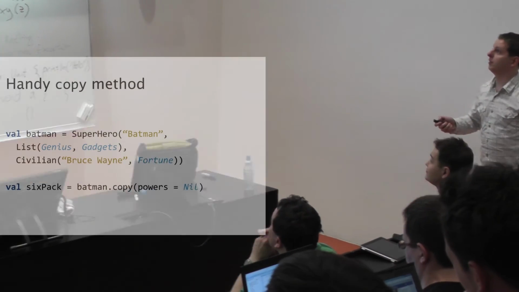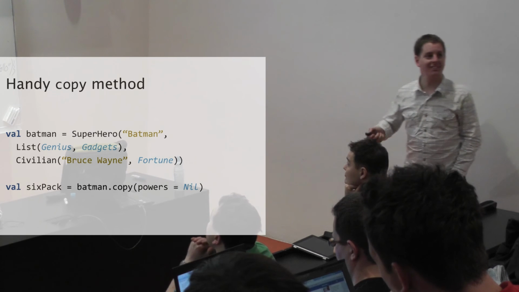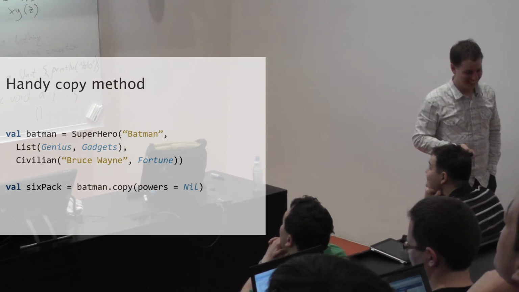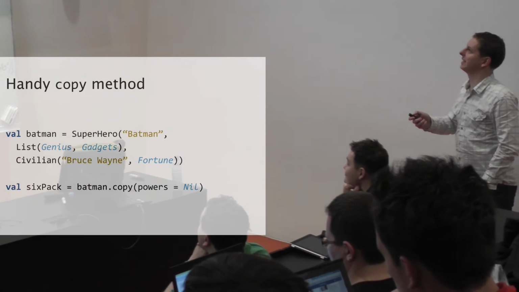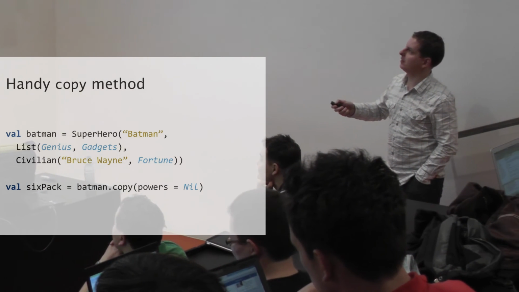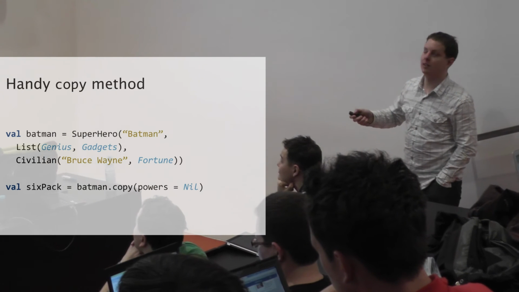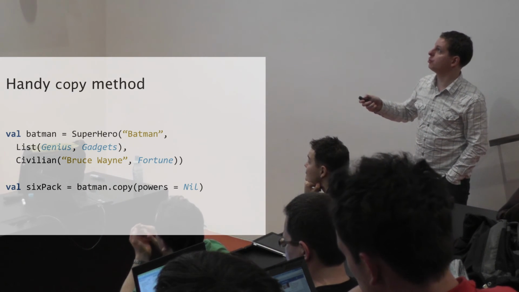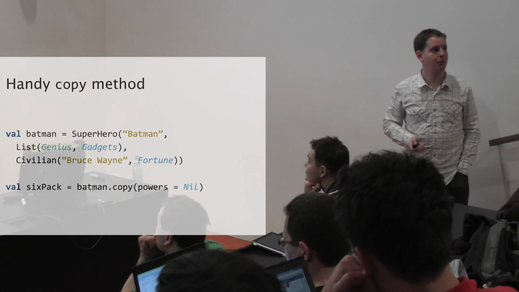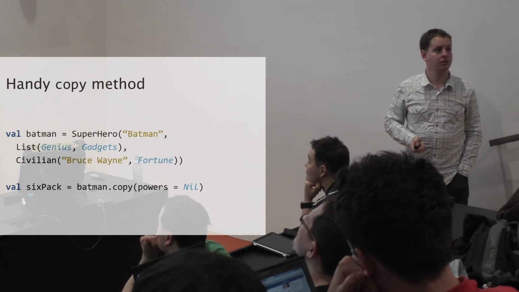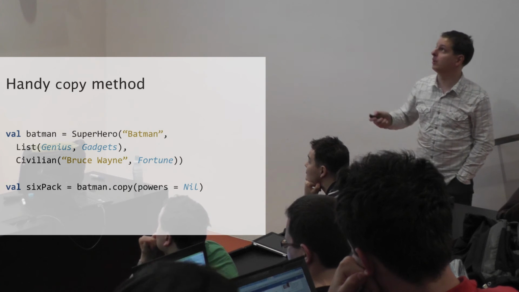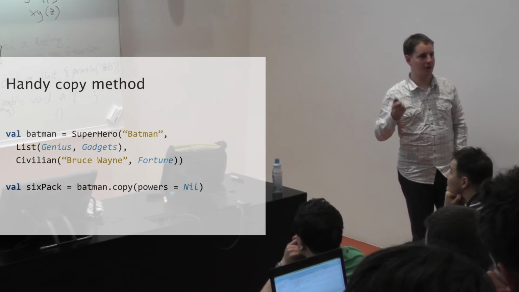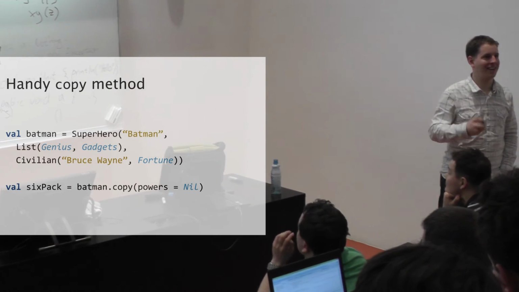Okay. You know, Sixpack is a very famous superhero in the Hitman series. I'm kidding. This copy method will create a copy of the case class object, and you may change one of the parameters. So this is again created for you. The superhero case class has all of its parameters final, so you can't change it.